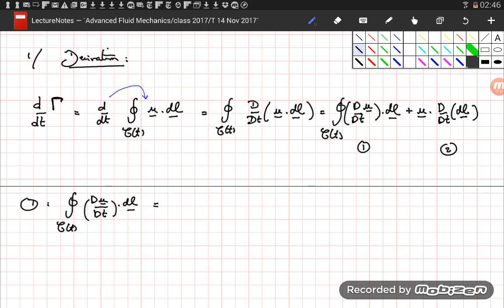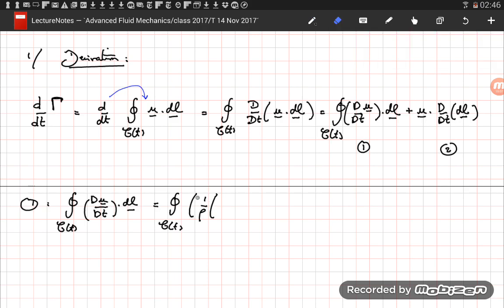Right? So du dt is the term which is on the left-hand side. So we just have to write that this is equal to 1 over rho times the right-hand side of the Navier-Stokes equation.